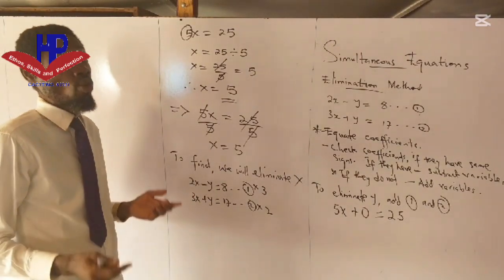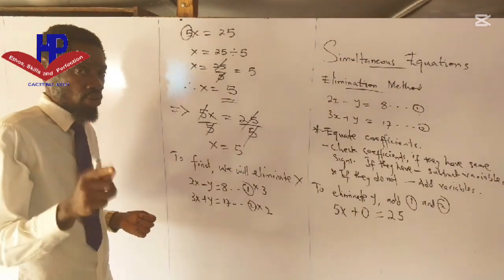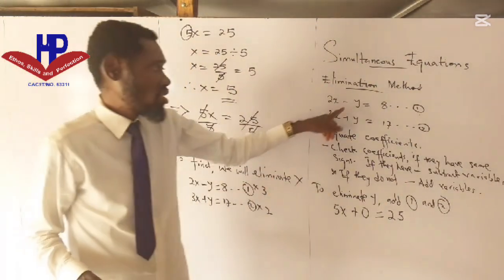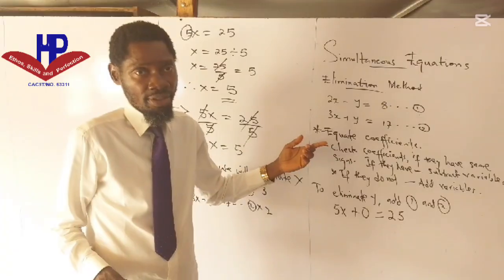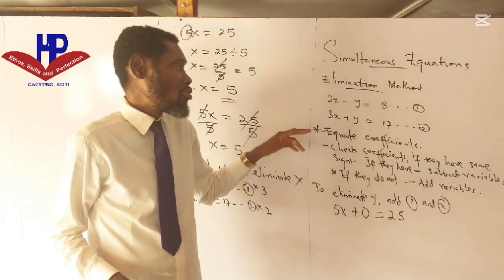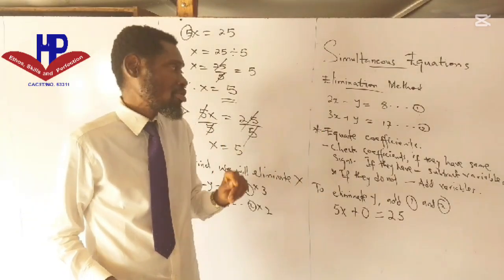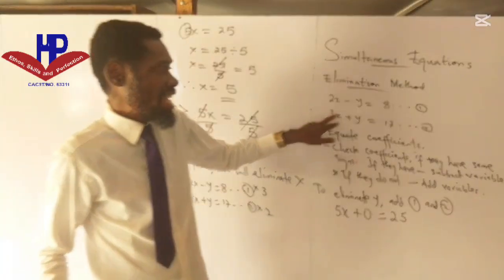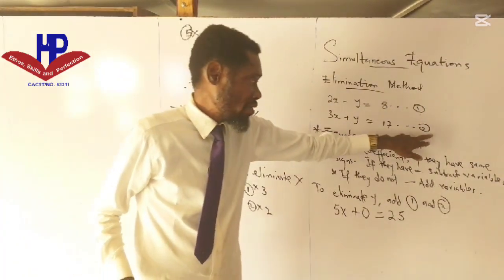That is how we are going to equate coefficients. When the variables have a single coefficient, like minus y and plus y, you can deal with them straight. But when they have more than one coefficient, the only way to eliminate by equating coefficients is to take this coefficient here, multiply everything in equation 1, and take this coefficient here, multiply everything in equation 2.